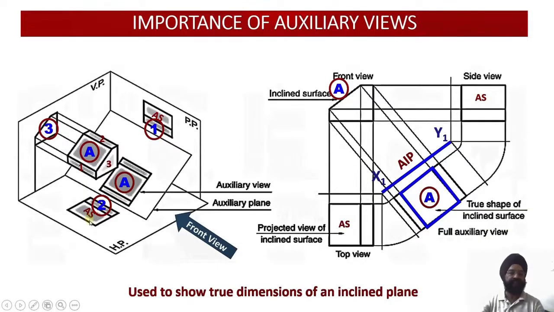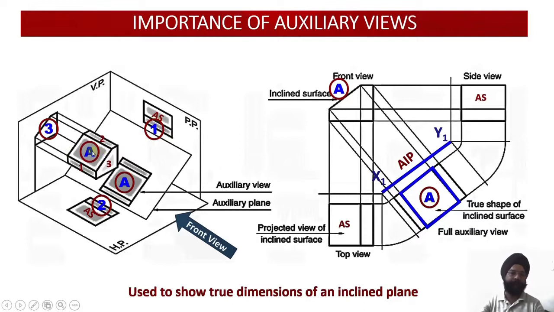Let us work out the side view. If I am looking at this component from this side, left hand side, my view will be obtained on the right hand side, and view will be obtained on the profile plane. And if I am looking from this side, you can see surface 1 happens to be parallel to the profile plane. So the true shape of the surface 1 is obtained on the profile plane, and I have marked this in circle once again.